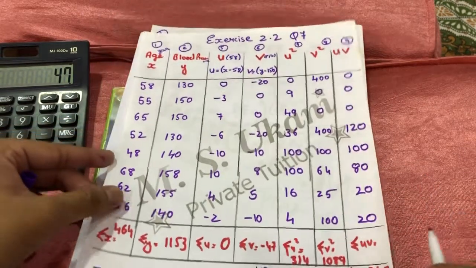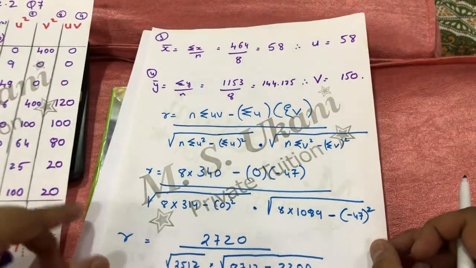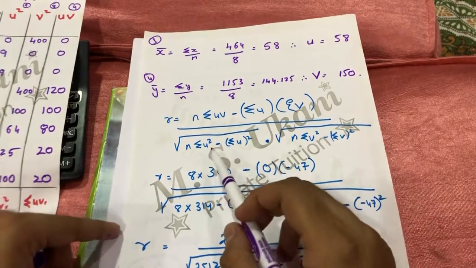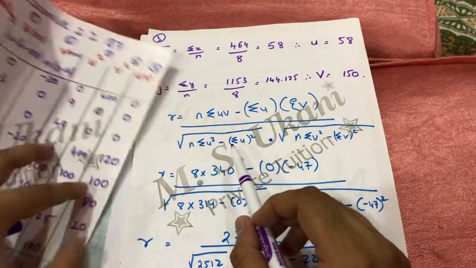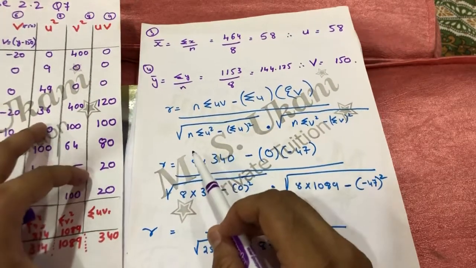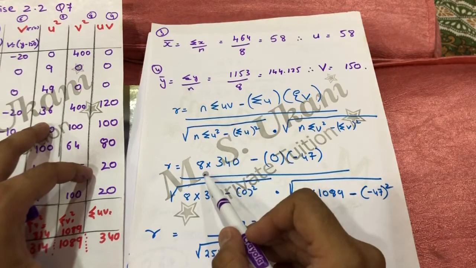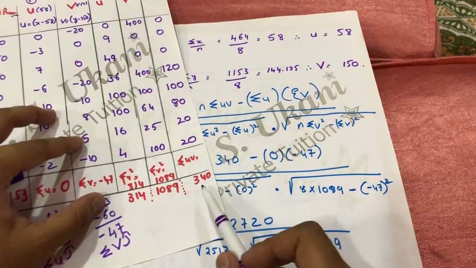So after calculating all these columns, we will put the formula, that is, here I had already written the third formula for Karl Pearson. So let us put the digits in the formula. R is equal to, n is our 8, summation uv is 340.